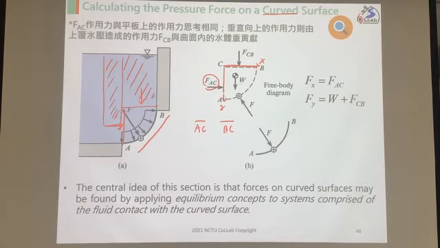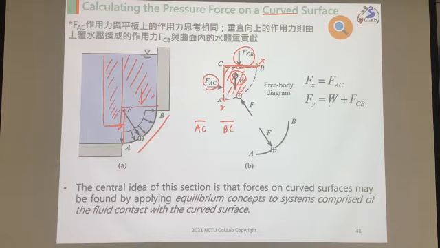And the second contribution is from the self weight, because there is fluid inside, so it has a weight contribution. So for the vertical direction, not only do we have the force from the water above the BC line, we still have the weight.